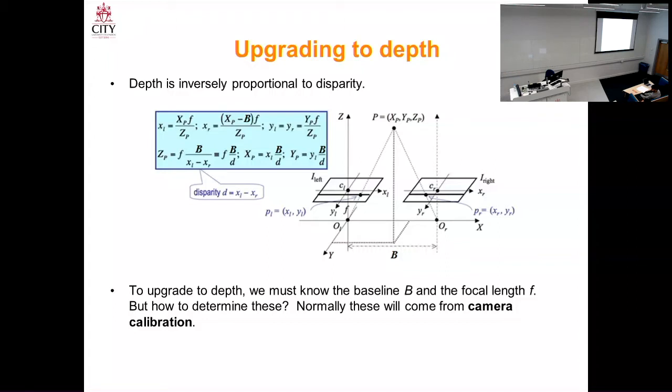You also need to know the focal length as well. We talked about the focal length back in lecture 2 in this module. If you want to get the focal length, the best way to do that is to calibrate your camera. So I'd like to talk about that next.